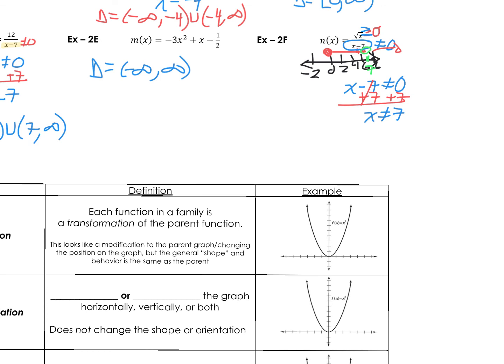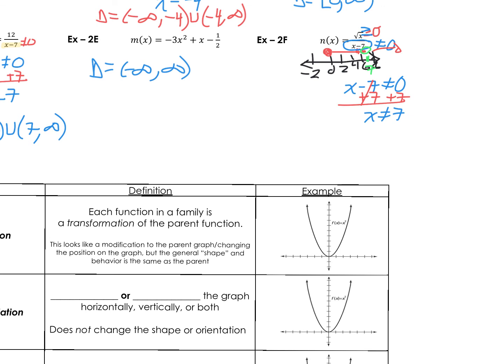So this is kind of weird, and sometimes it's helpful to draw this number line so you can see what's my leftmost value and what's my rightmost value. So my smallest x value is 0, and it's included. Then I come to 7, I have to skip it. So we're going to have to draw an interval for this, and then an interval for this, and unionize it.